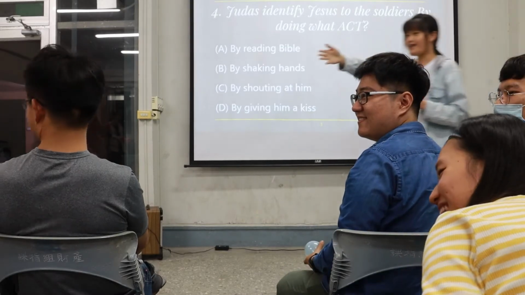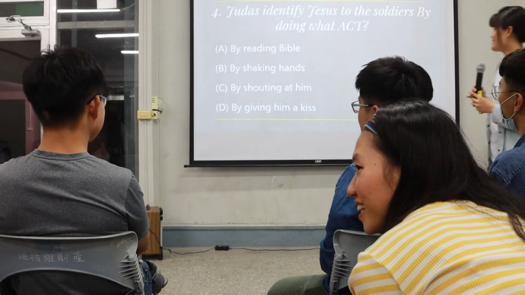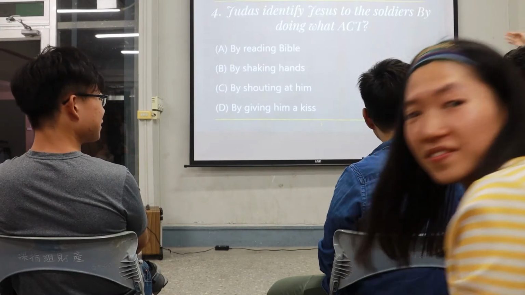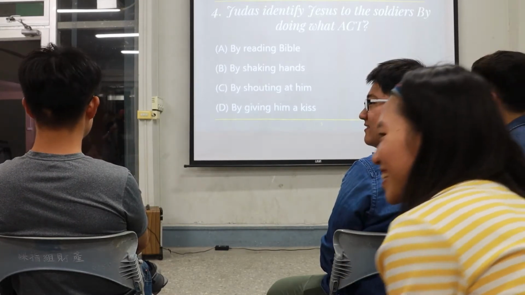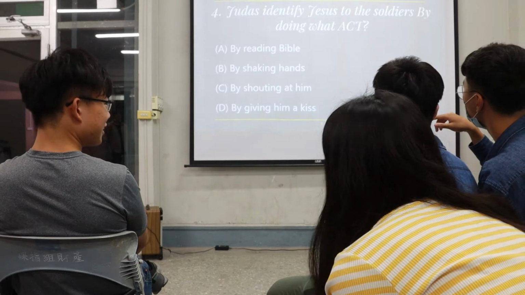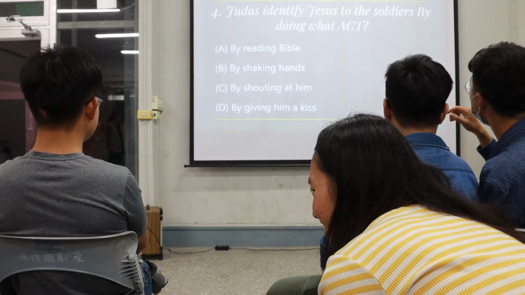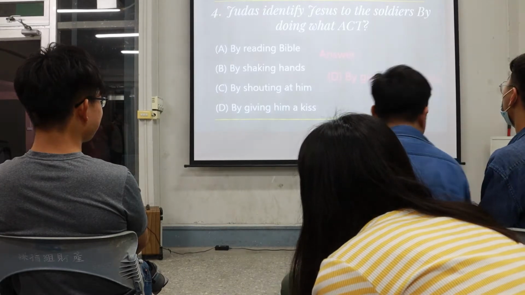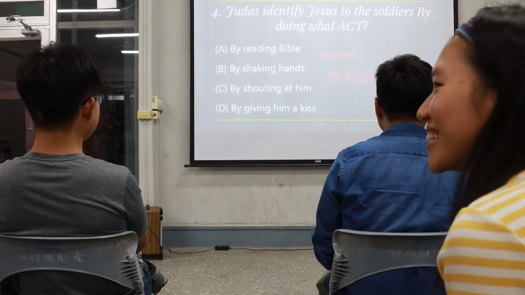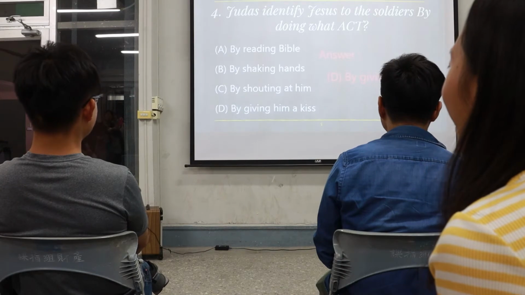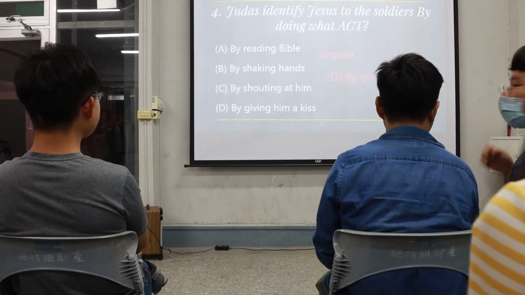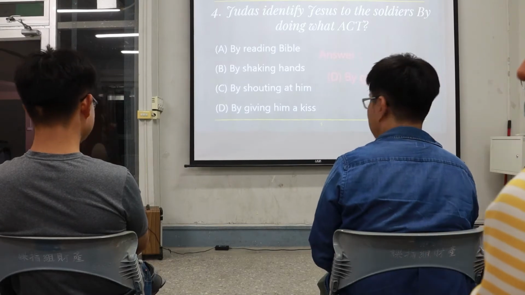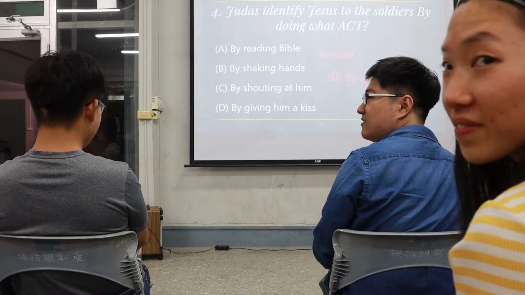Wait. Is B by shaking hands? B, by shaking hands. Oh, you get coronavirus. Do you want to hesitate? Do you want to choose another choice? B? You okay? B. Okay, that's the answer. I know it before she can make the choices.